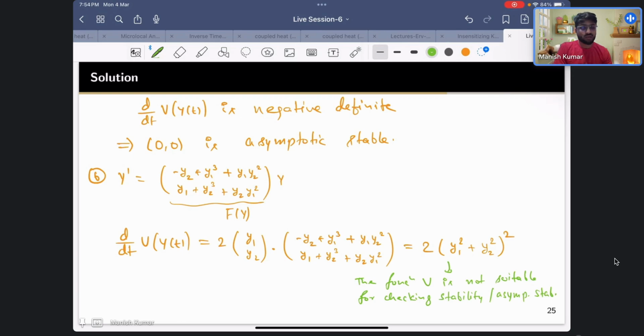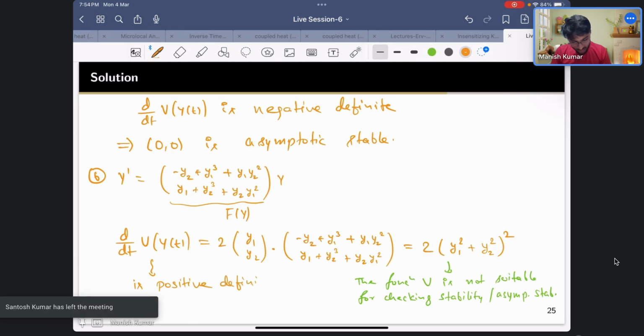So for the instability, what we need to make sure is that there exists some point where the sign matches. Here you see that the sign is greater than or equal to 0. In fact, this is positive definite. Now if you can find some point y naught where this is again positive, so we know that this is greater than 0. And we know that any point you choose, V of y naught, if y naught is non-zero, is greater than 0, right?